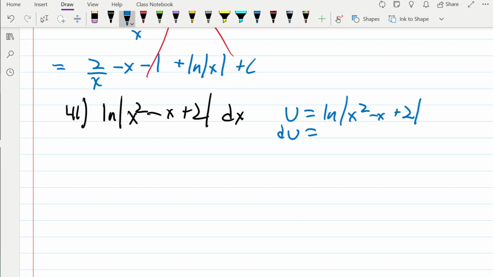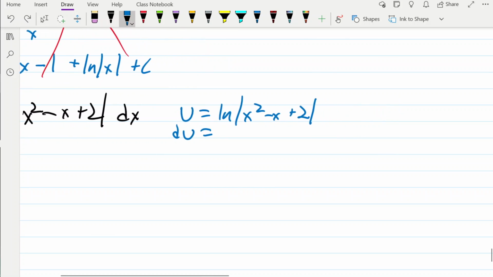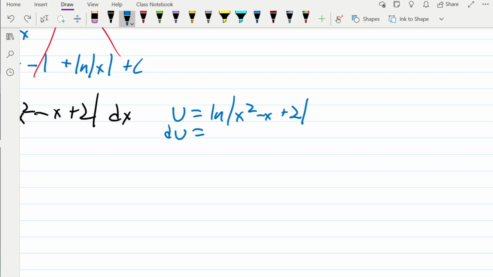Because if the integral of that is, let's see, 2x minus 1 divided by x squared.